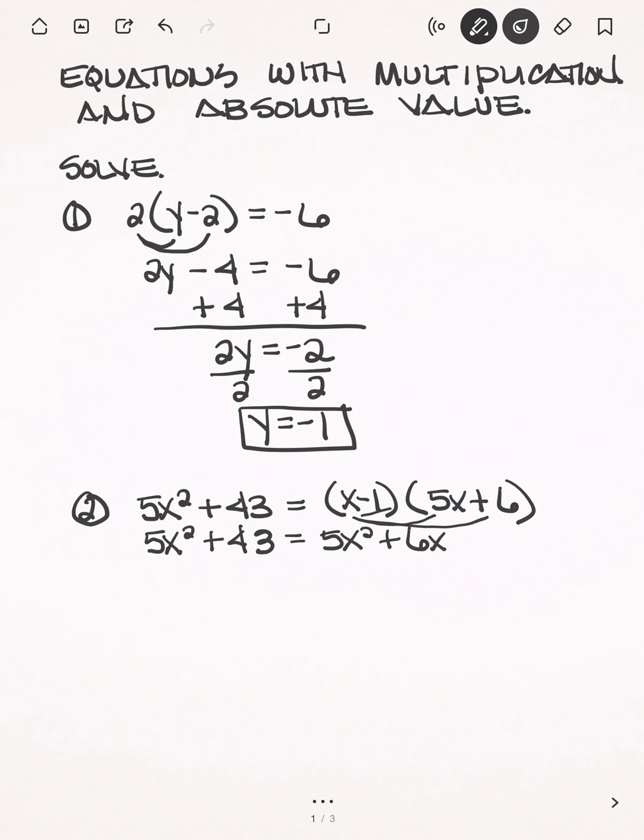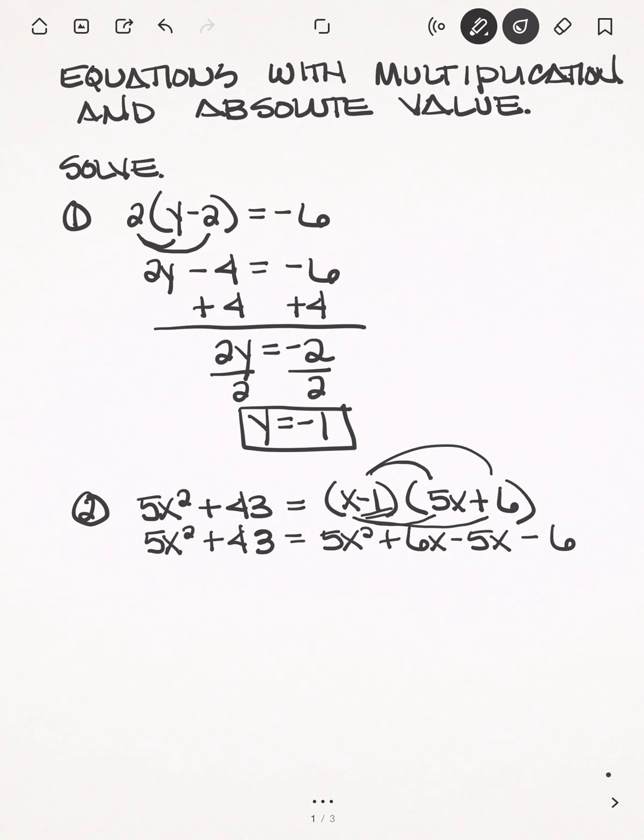Then we're going to take our second term, including the negative sign, and we're going to distribute it to everything in the second set of parentheses. So you can see we're just reviewing our distributive property problems that we did earlier. Negative 1 times 5x would be negative 5x, and negative 1 times positive 6 would be negative 6.